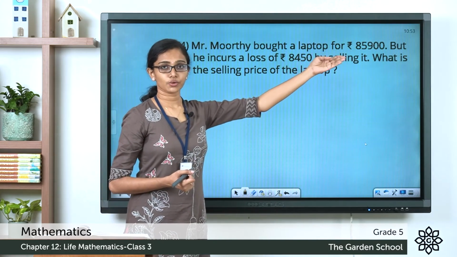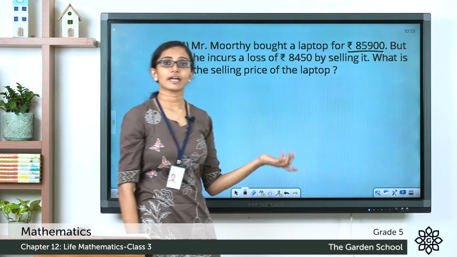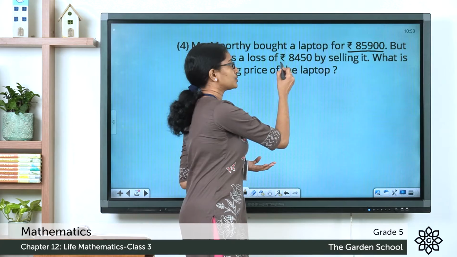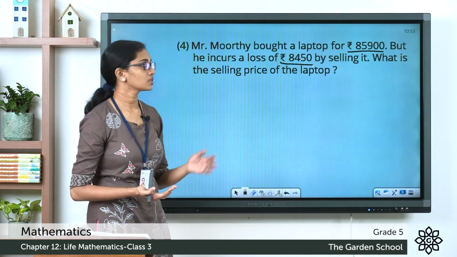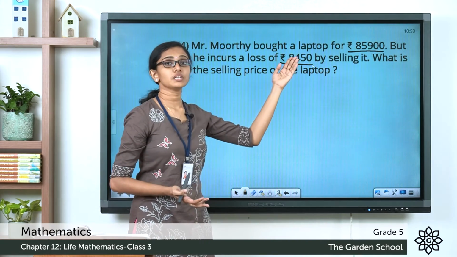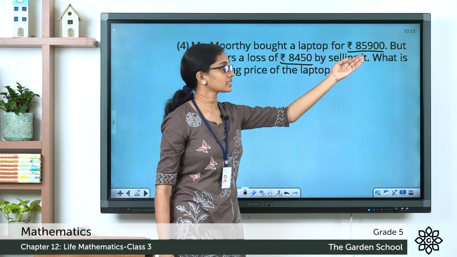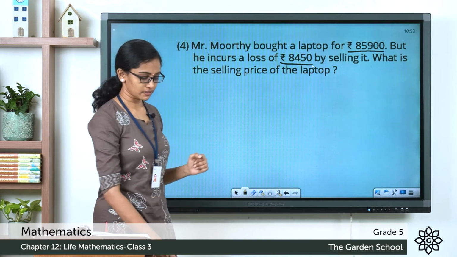The buying price or the cost price is given and it is equal to rupees 85,900, and the loss is also given, which is equal to rupees 8,450. So for it to be a loss, he should have sold the laptop at a price 8,450 less than the cost price, that is 85,900. So we can easily find out the selling price from these data.